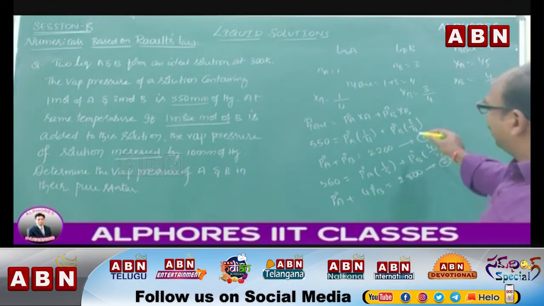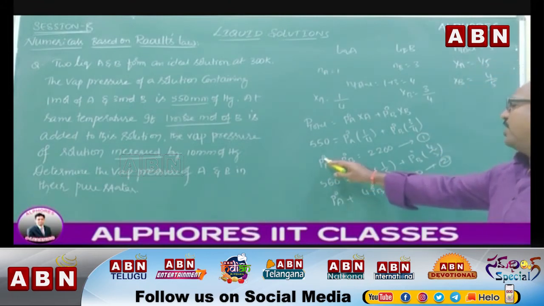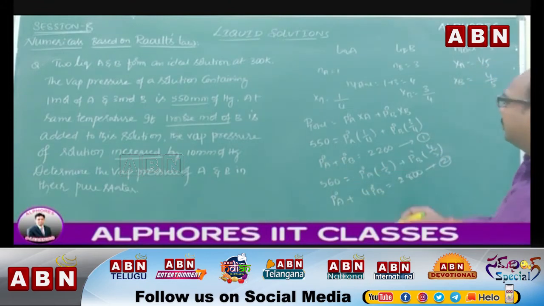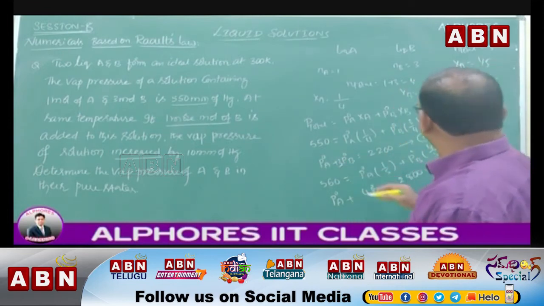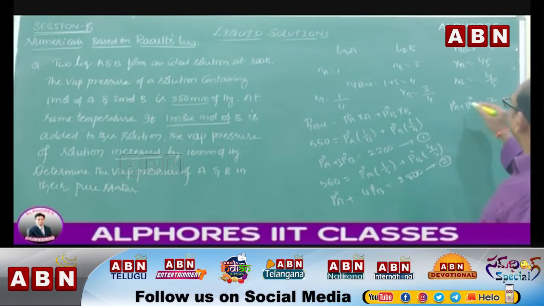So we are having two equations. P naught A plus 3 P naught B is equal to 2200 and P naught A plus 4 P naught B is equal to 2800.